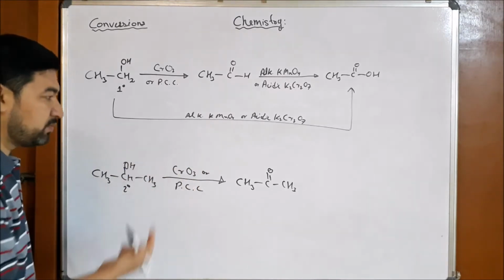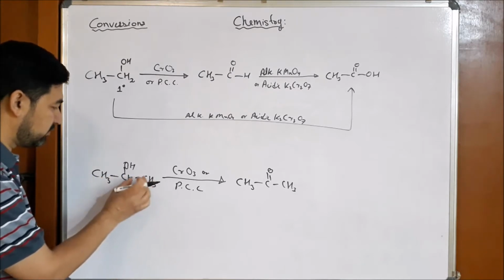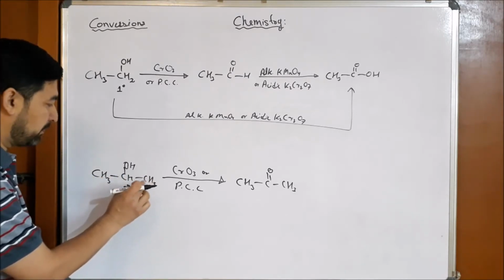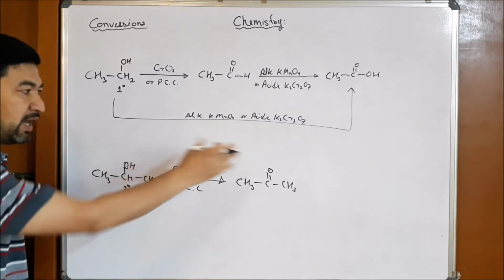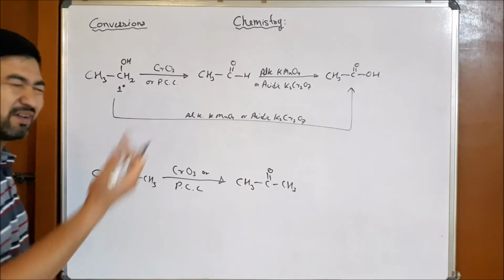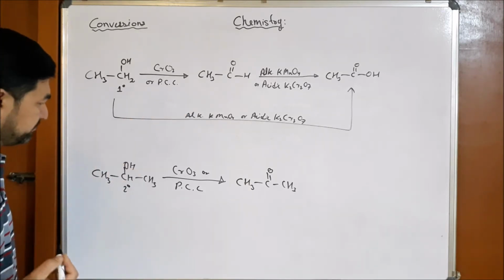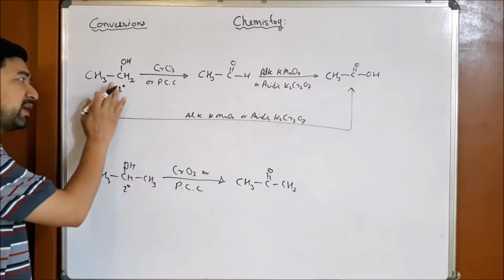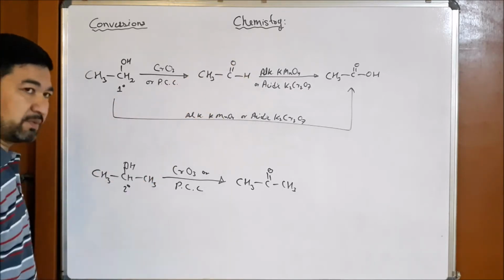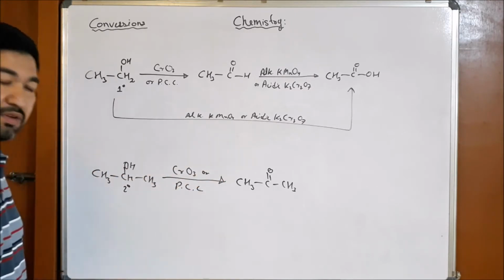So if we have two different groups on both sides, then we'll have four different products. That reaction becomes useless because we are getting four products, so normally we do not use it. In the case of primary alcohol we can use it because we get a single product, but in the case of secondary alcohol we may get four different carboxylic acids.